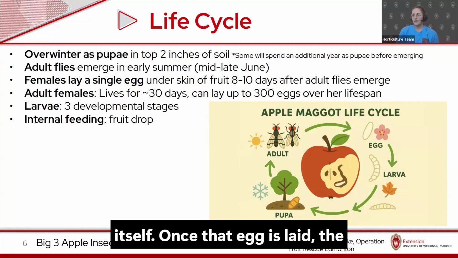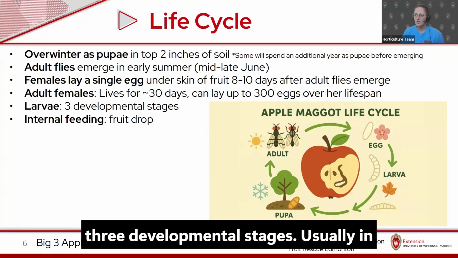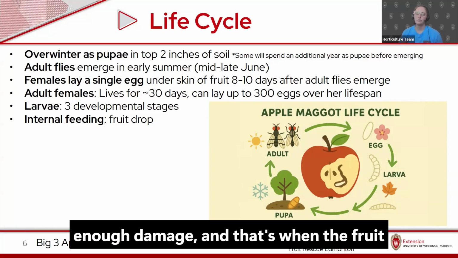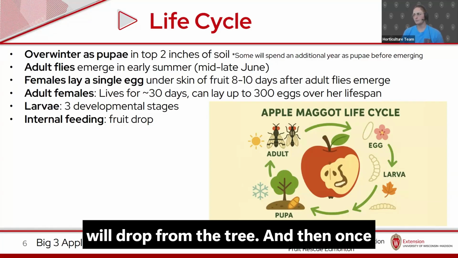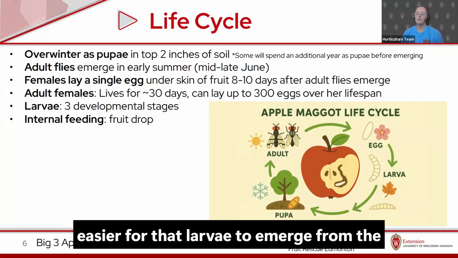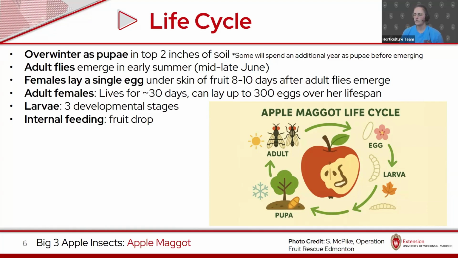Once that egg is laid, the larvae will hatch and go through 3 developmental stages. Usually in that last stage, it's done enough damage, and that's when the fruit will drop from the tree. Then once that fruit is on the ground, it's a lot easier for the larvae to emerge from the fruit and pupate in the soil.